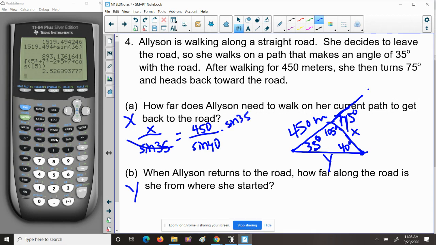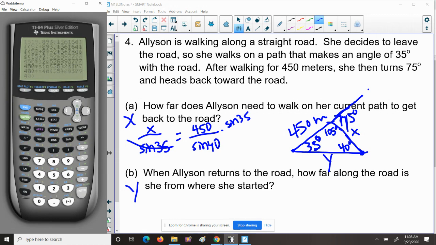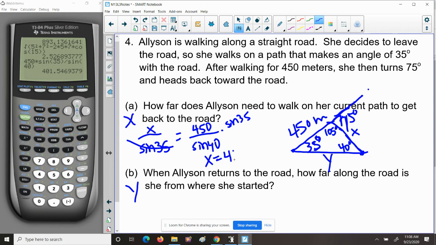Okay, so let's go over to our calculator and do that. We want 450 times the sine of 35, close parentheses, divided by the sine of 40. So we now know that x is 401.547 meters.